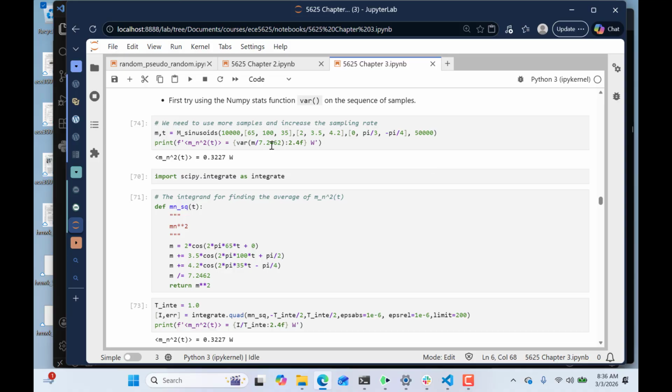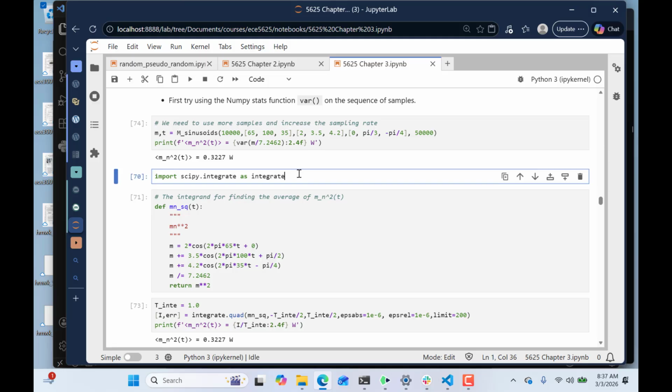I also went ahead and said, well, what is going to be the power in that? From a statistical standpoint, we can just get a power calculation done using the variance operator. The variance estimator is what you learn about in probability and random variables. So just take that normalized message signal, and that gives us the exact same number.